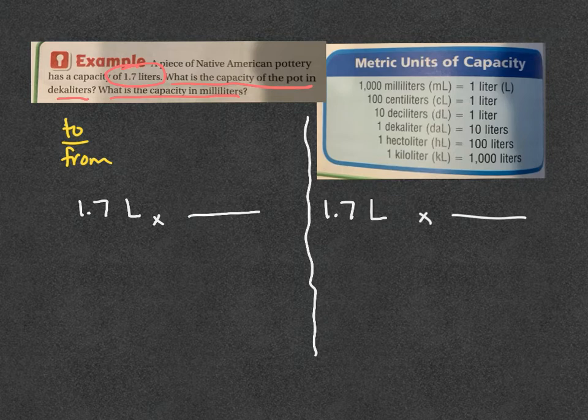This first one we're doing to decaliters, abbreviated, I had to look it up on the chart, as DAL. We're changing it to decaliters from liters. That's what the information they gave us was in, liters.